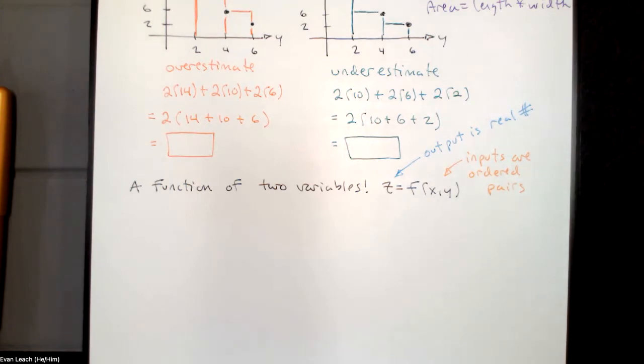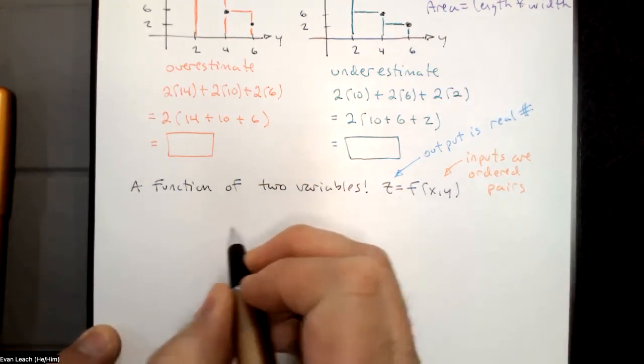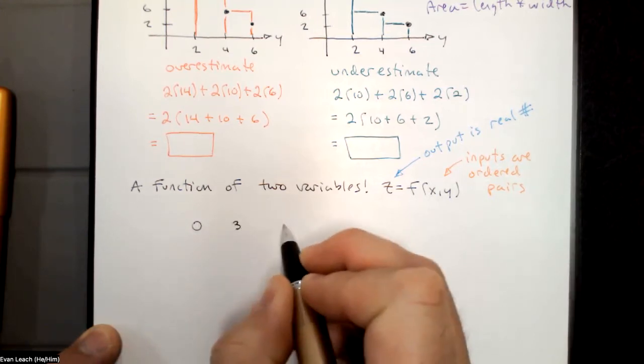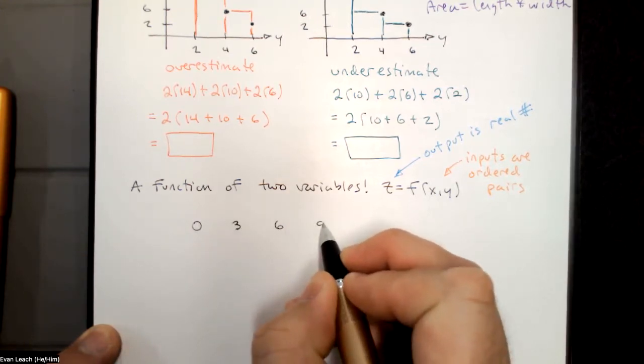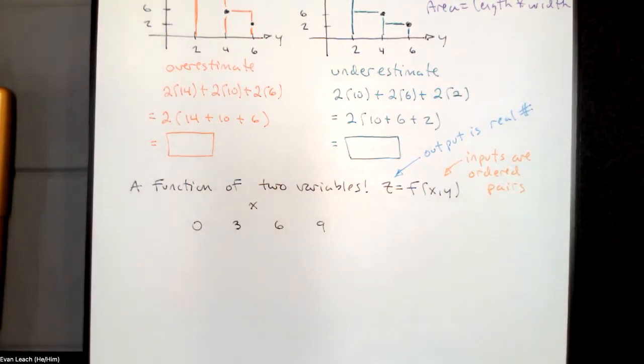So we're going to build a table that has rows and columns. I don't know what I said about 30 seconds ago, but it's going to be x's in columns now. And I'll put the y's in rows.